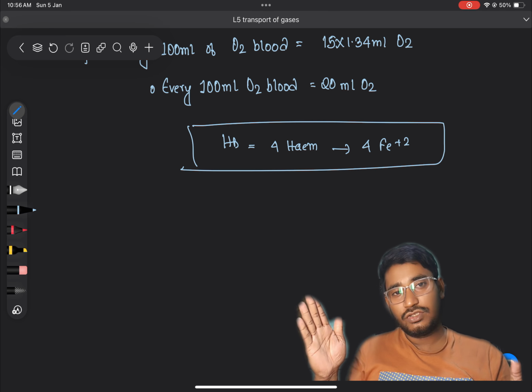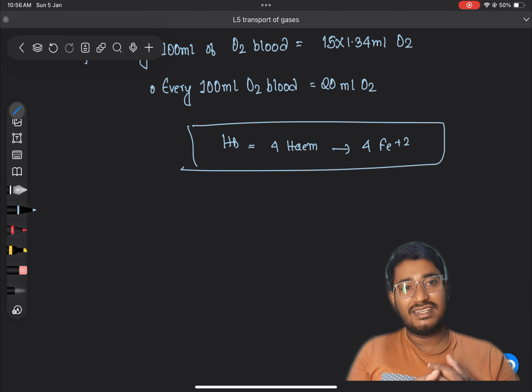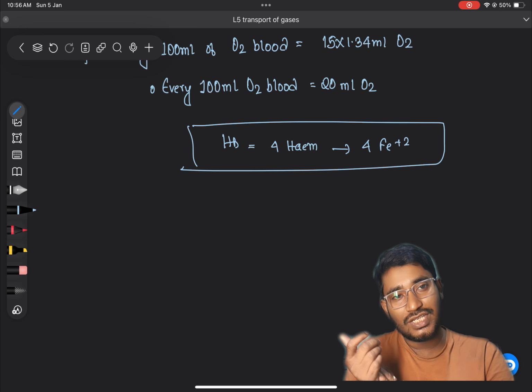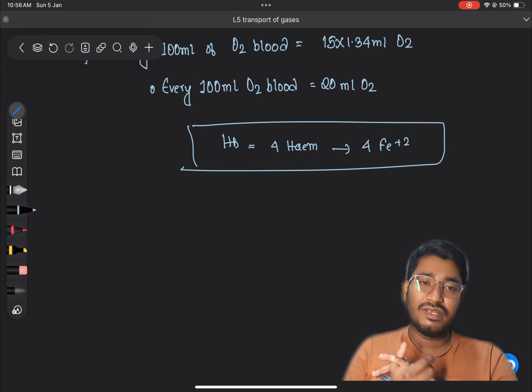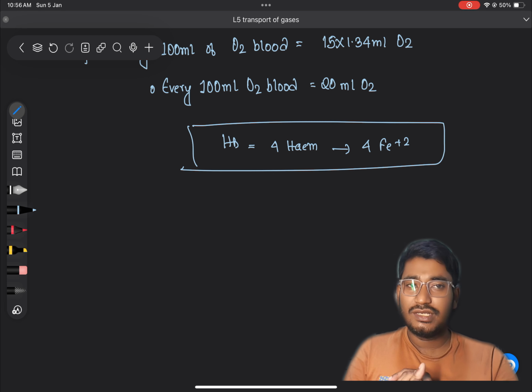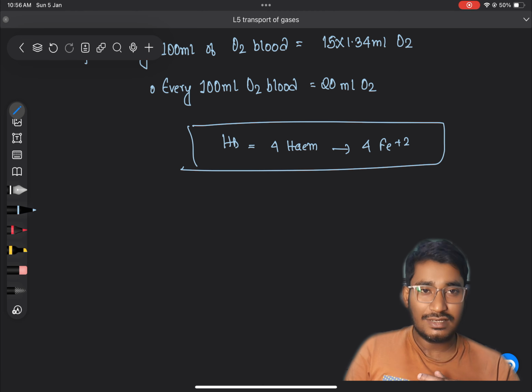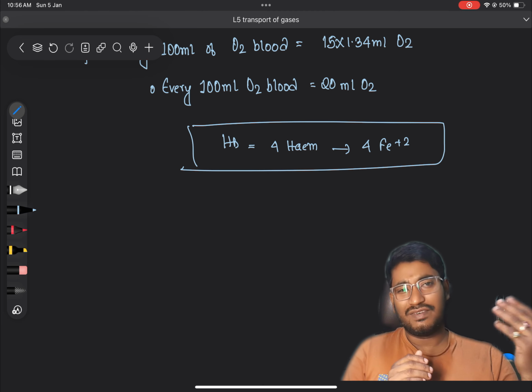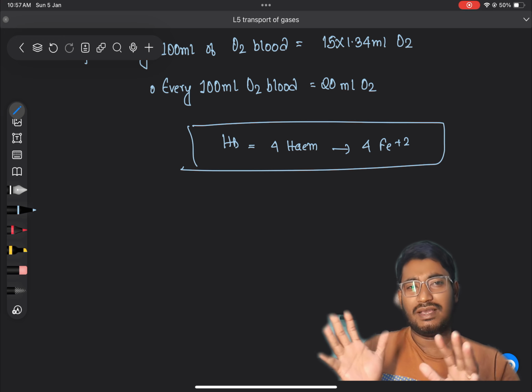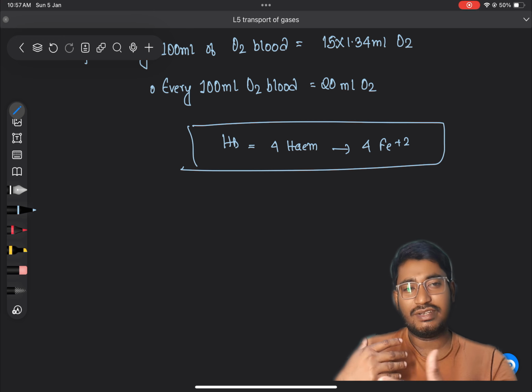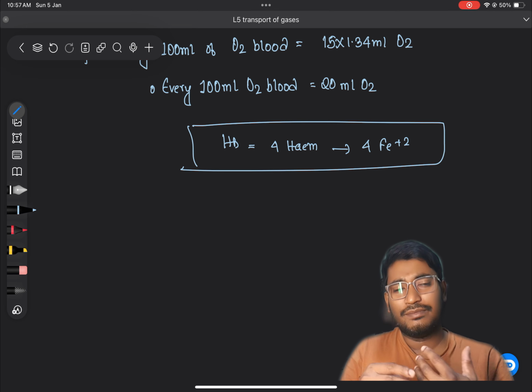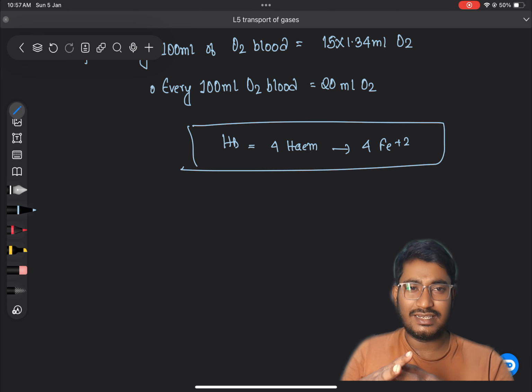The normal respiration rate of a human is 12 to 16 per minute, and the normal heart rate is 70 to 110 beats per minute, slightly lower being normal depending on age, condition of the patient, any comorbidities, and so on.